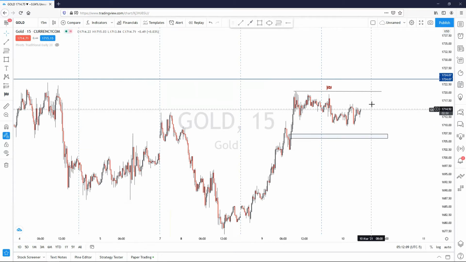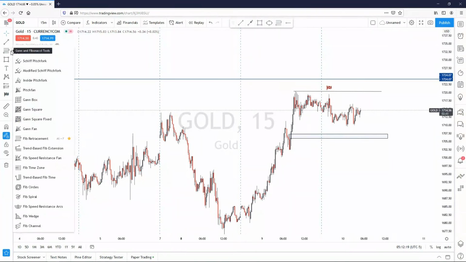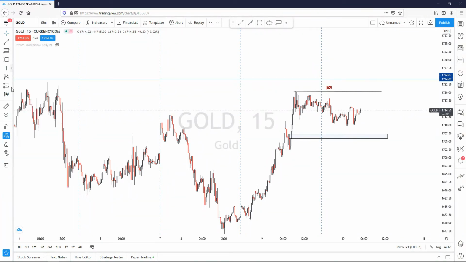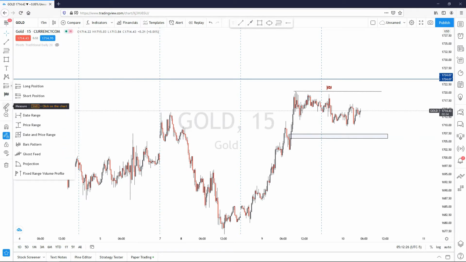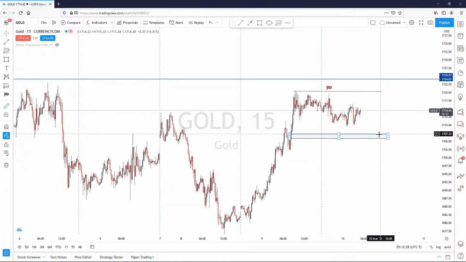Very low drawdown, taking out this high and trading all the way to target this price level. Let's check how many pips that would cover. How many pips would that be if we took from here, right there, 168 pips? And what about here?